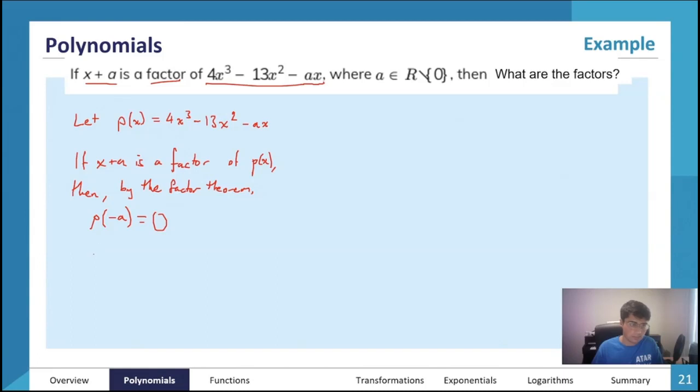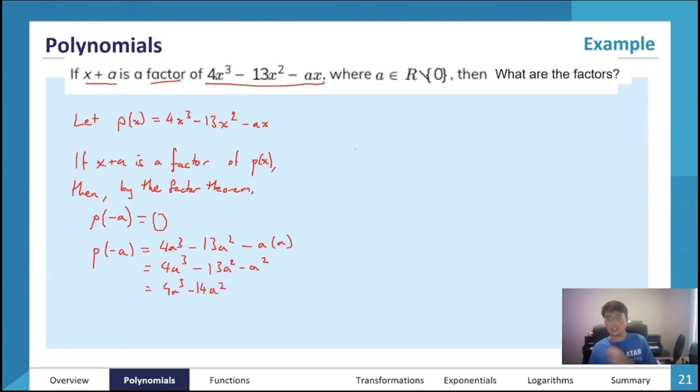So if we actually write out what p of a is, it's going to be 4a cubed minus 13a squared minus a times a. So this is going to be 4a cubed minus 13a squared minus a squared, which is 4a cubed minus 14a squared.